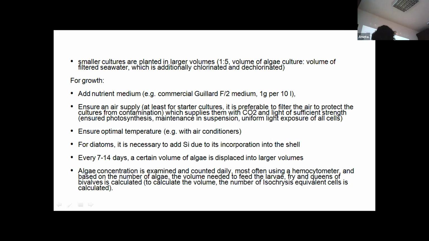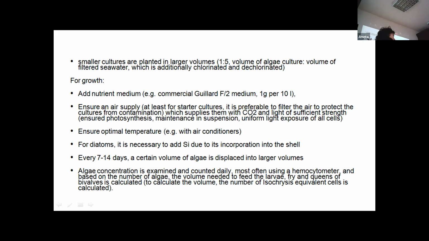Then every 7 to 14 days, a certain volume of algae is transferred to larger volumes, and as I told you, approximately the ratio is that we use 1:5. Algae concentration should be examined and counted daily.